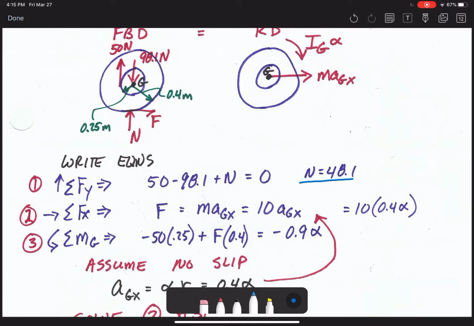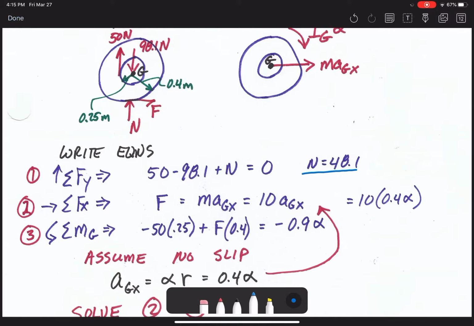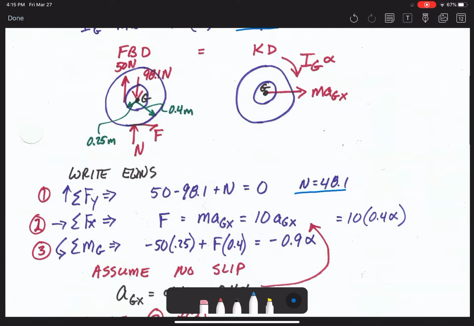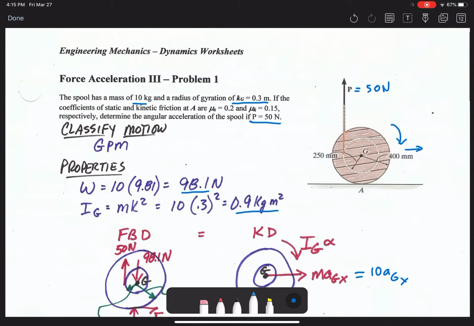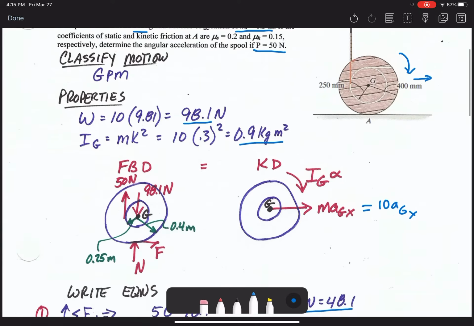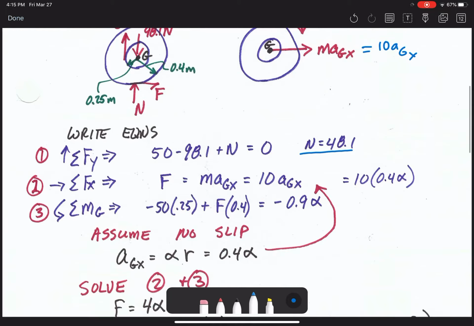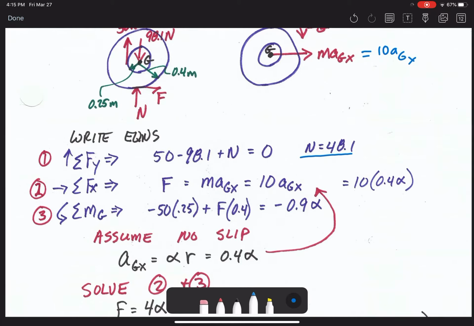The mass is 10 kilograms, so it will be 10 AGX, because the mass is 10 kilograms. And then we have the moment about G, the center of mass.